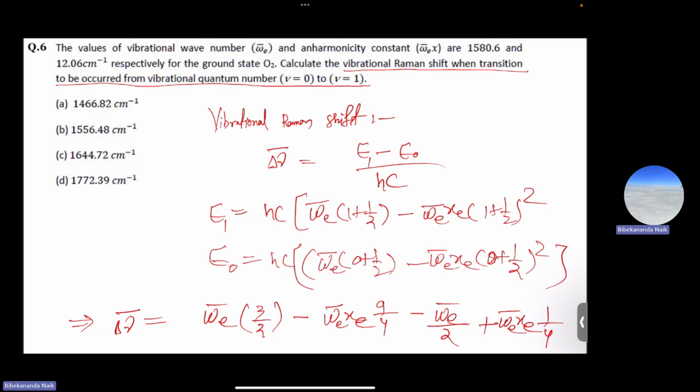If you calculate, it will be a simple value. So delta nu bar corresponding to the transition from 0 to 1 will give omega e, because 3 by 2 omega e minus 1 by 2 omega e is omega e, minus 2 omega e xe.